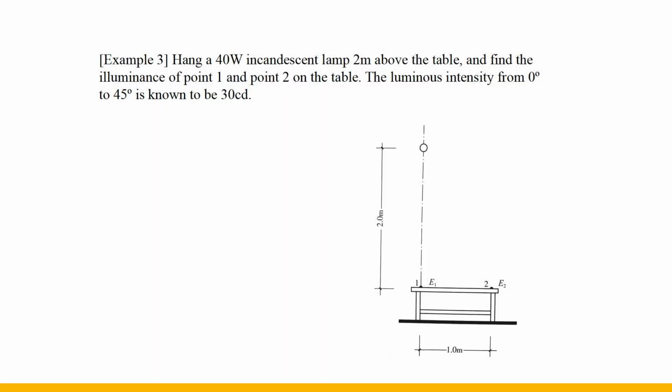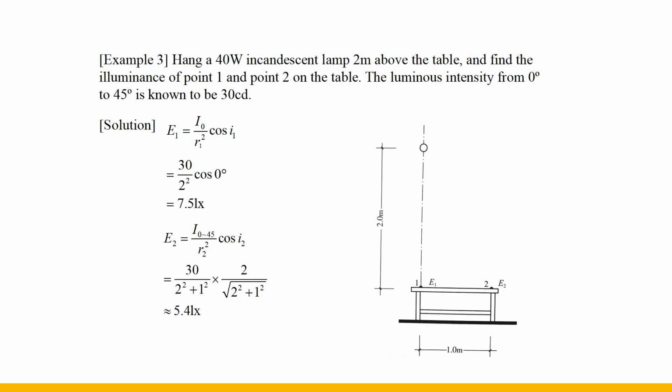Next, let's do an exercise. There is a 40-watt incandescent lamp hanging 2 meters above the table in the picture. Find the illuminance of point 1 and point 2 on the table. It is known that the luminous intensity for incident angles from 0 degrees to 45 degrees is all 30 candela.